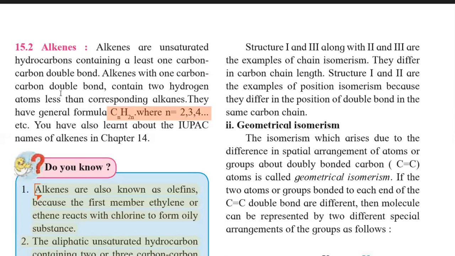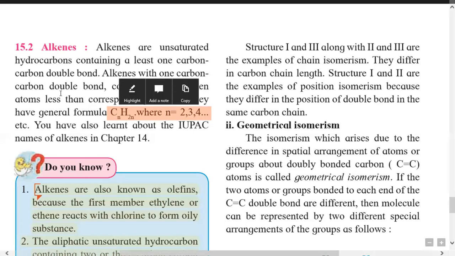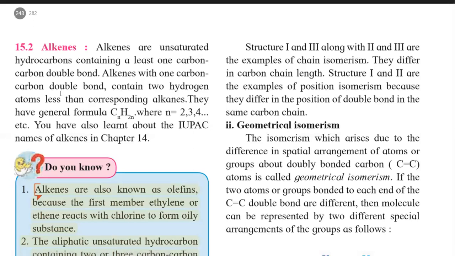So n may be 2, 3, 4, etc. We had already studied nomenclature of alkene. The first example of alkene is CH2=CH2, ethene. The second example is CH3CH=CH2, propene.